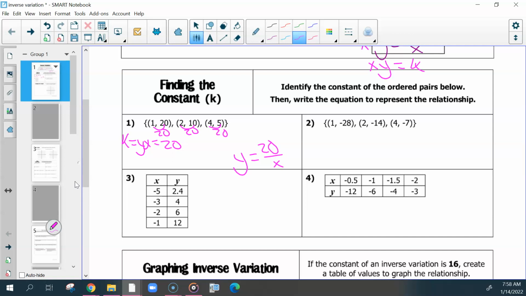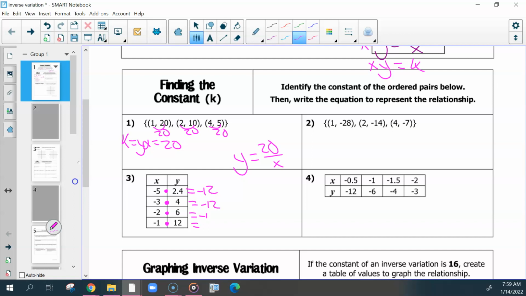For number 3, again, we're trying to find our value of k, so we need to multiply them. Someone multiply 2.4 times negative 5, tell me what you get. Negative 12. Negative 3 times 4 is negative 12.